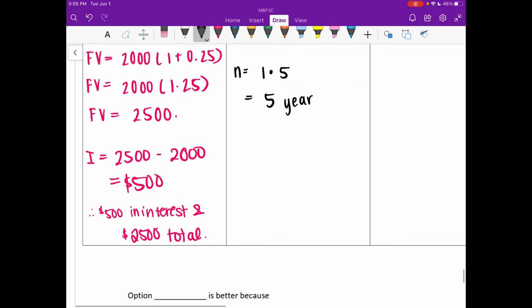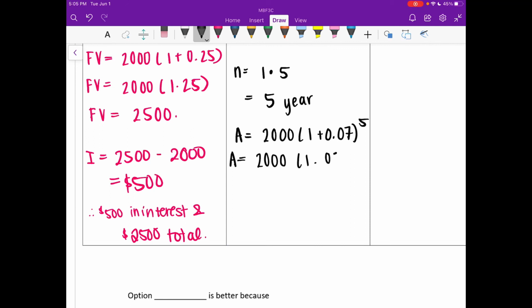So let's put that into the formula. A equals 2,000 (1 + 0.07) to the power of 5.